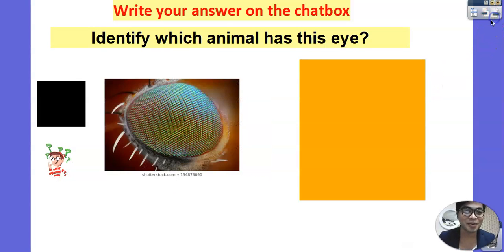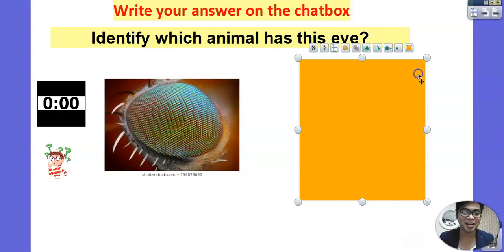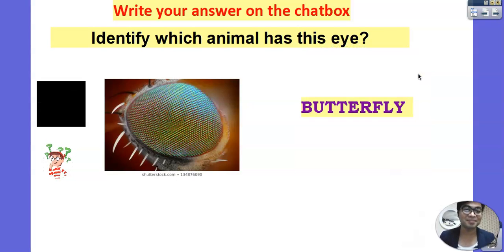Well, here's the last question. It's pretty tough, but it's just simply a butterfly magnified.